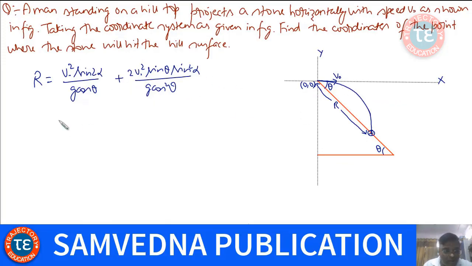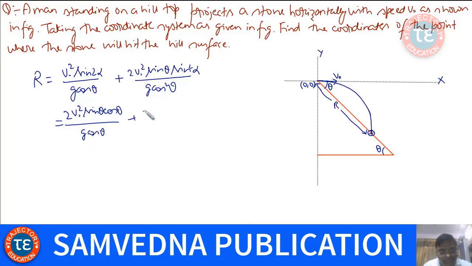We'll get this R. So here alpha is same as theta. Since you are thrown in horizontal direction, this theta and this theta are going to be same. So alpha is same as theta, so this will be replaced with sin 2 theta, and sin 2 theta is 2 sin theta cos theta.